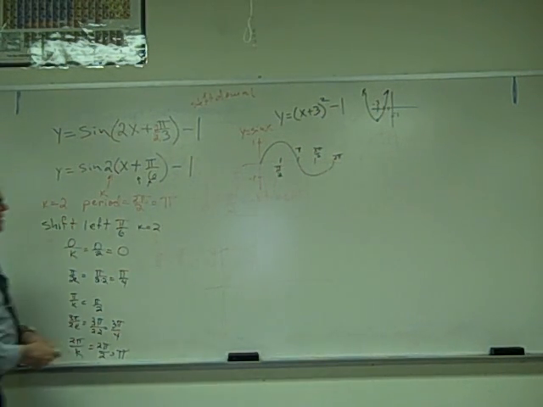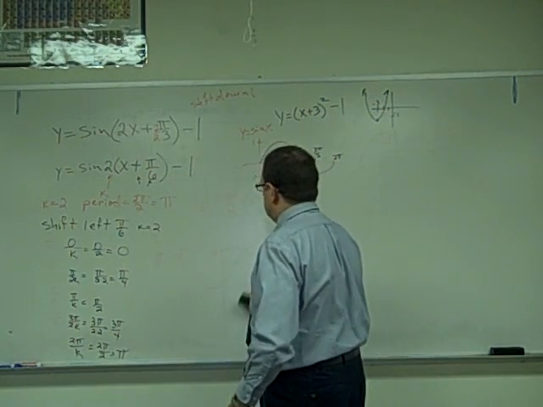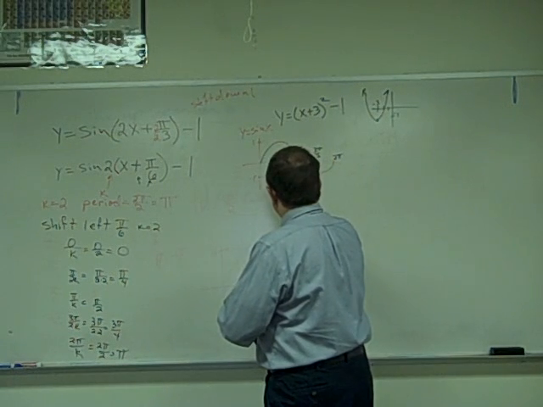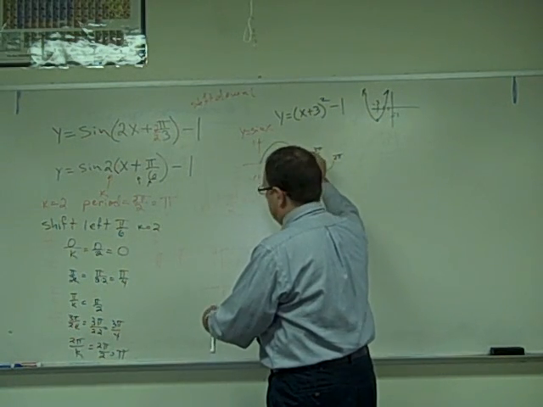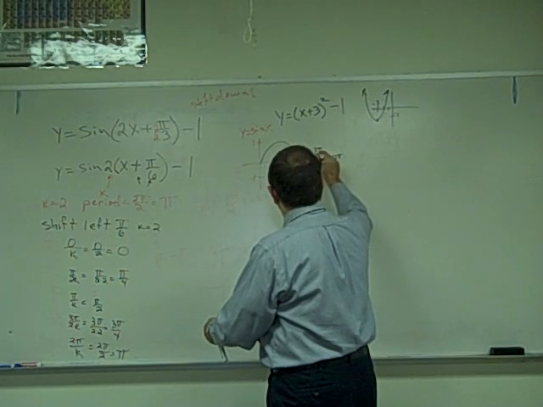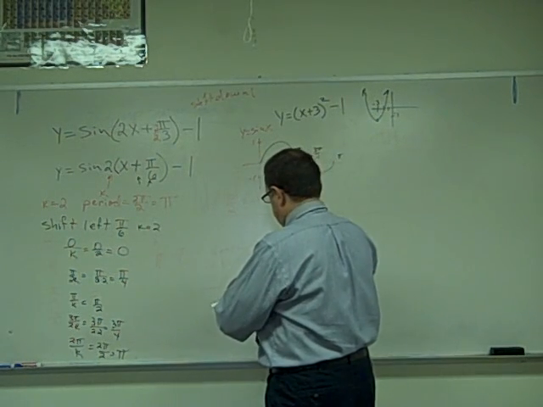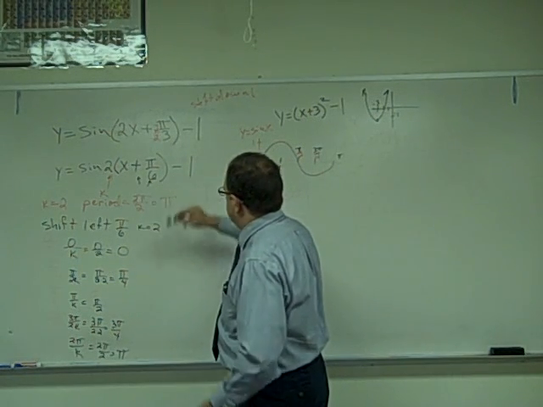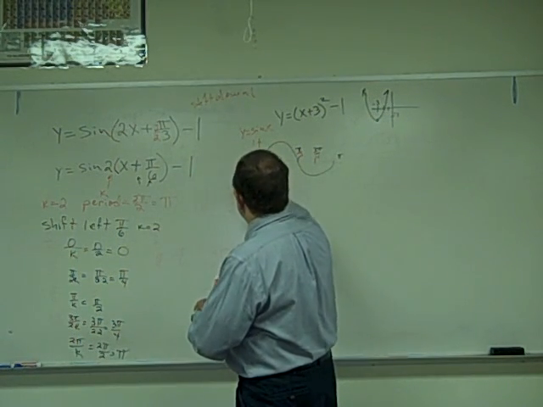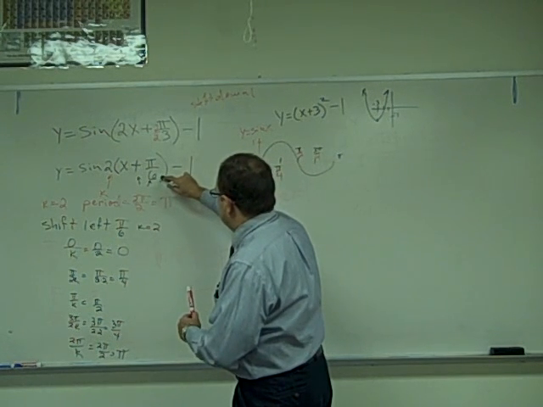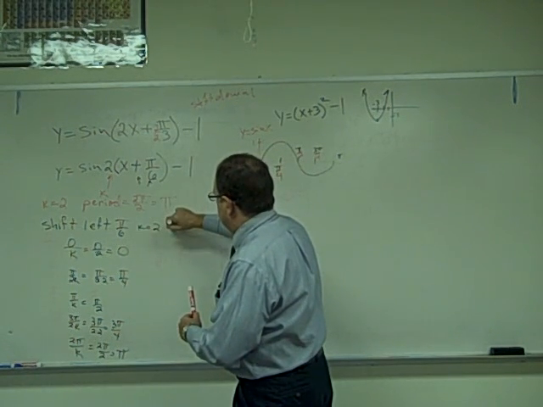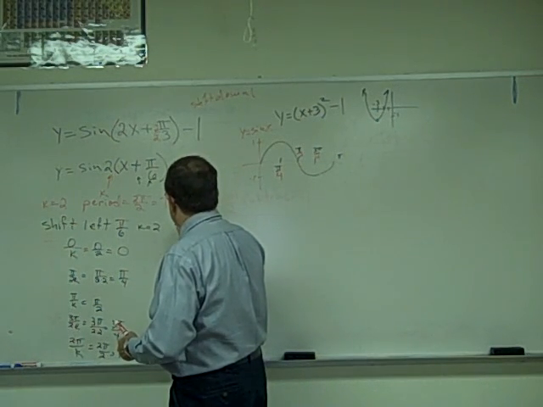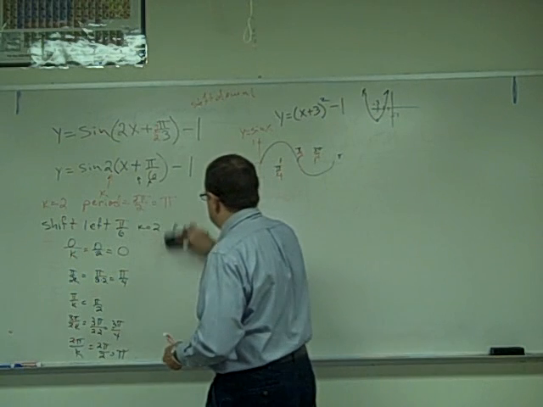Okay, so now these increments are going to be at 0, pi over 4, pi over 2, 3 pi over 4, and pi. So now since we're shifting to the left by pi over 6, are we going to add or subtract by pi over 6?